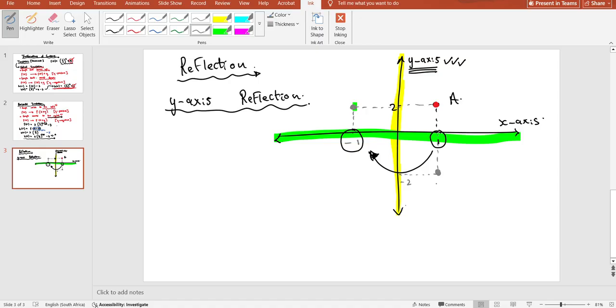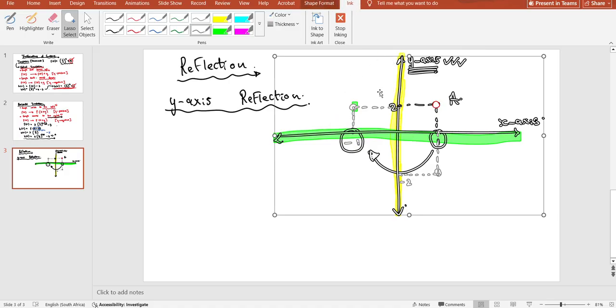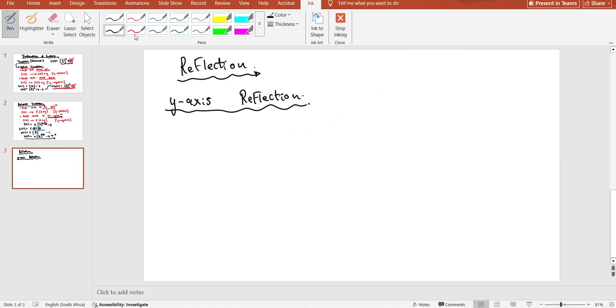So what I want you to really understand, guys, is that x-axis reflection changes the y coordinate. The y-axis reflection changes the x coordinate. It's always the inverse. If I'm talking about y-axis, I need to think about the x coordinate changing. If I'm talking about x-axis, I need to think about the y coordinate changing. So with that in mind, then it's quite easy to understand these transformations that I'm going to do.